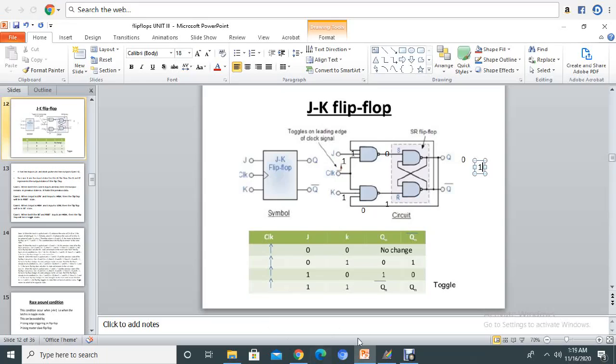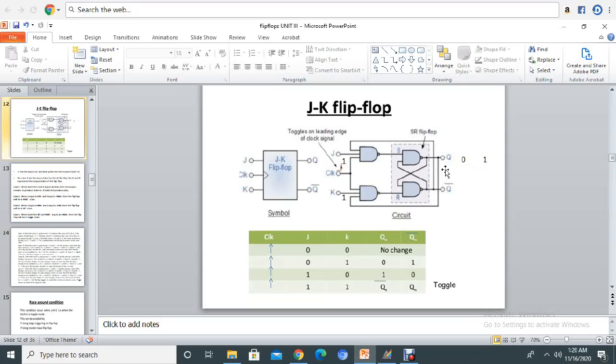Next I am assuming Q is equal to 1. I am applying J is equal to 1, K is equal to 1. Now we have 1 at the output.